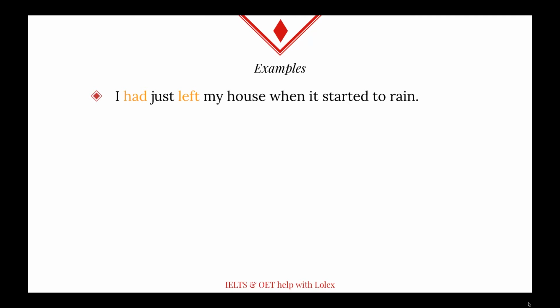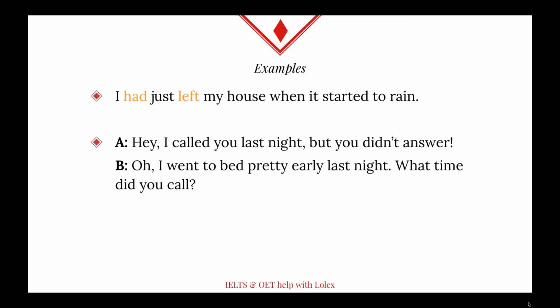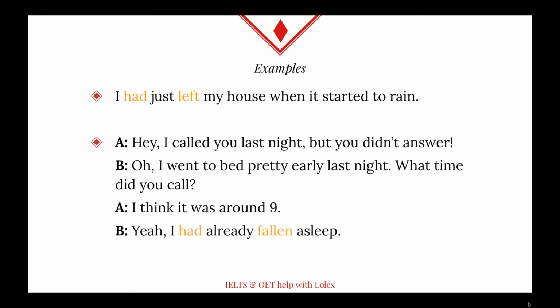Sometimes there are two verbs in the same sentence, like in the example given, but not always. Look at this conversation. Hey, I called you last night, but you didn't answer. Oh, I went to bed pretty early last night. What time did you call? I think it was around 9. Yeah, I had already fallen asleep.